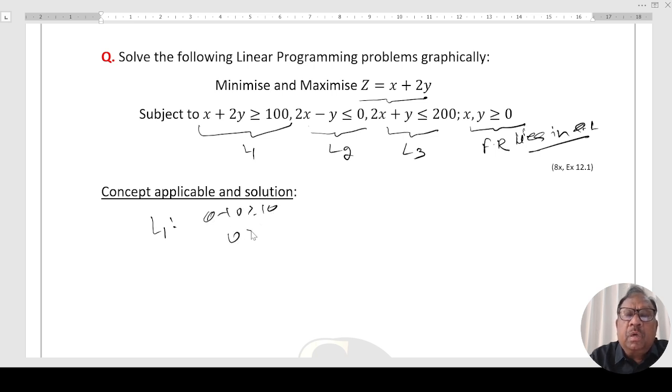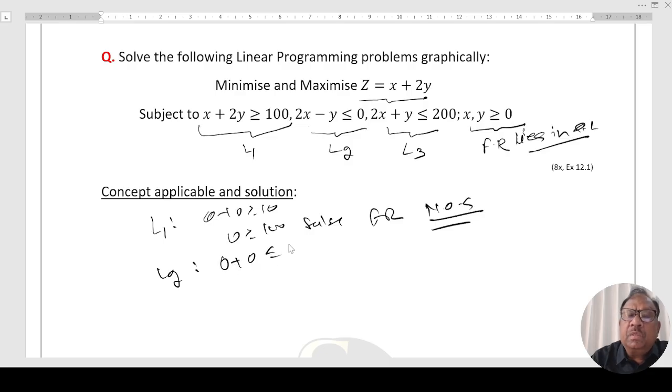This is 0 greater than equal to 100. That is false. Feasible region non-origin side. L2 के लिए 2x plus y, 0, 0 पुट के 0 plus 0 less than 200. This is true. Feasible region origin side. And one line is, this is L3.